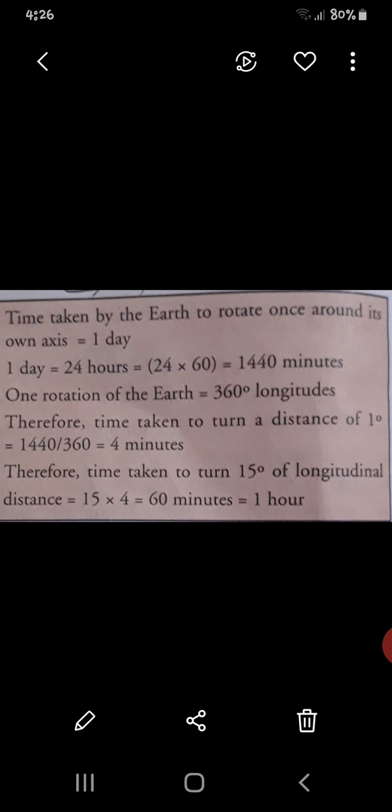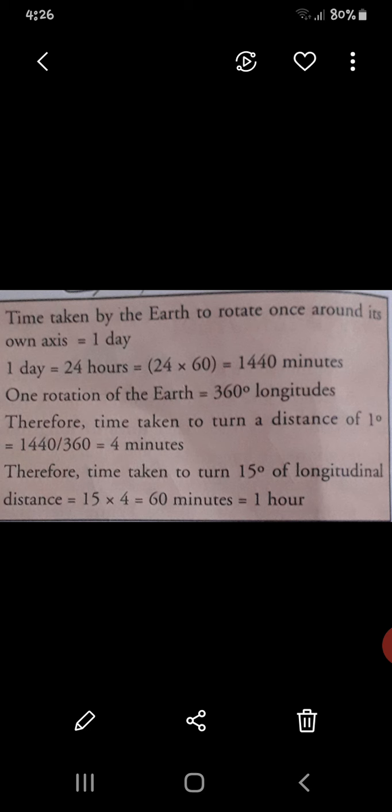If it is 12 noon at the 0 degree Greenwich meridian, just opposite, at the other end, 180 degrees west or east, it will be midnight. Is that clear? So once again I'll repeat this, just follow this chart. Time taken by the earth to rotate once around its own axis is 1 day.